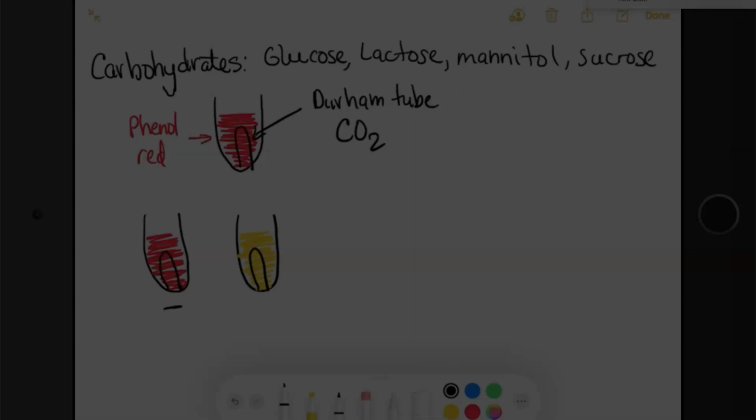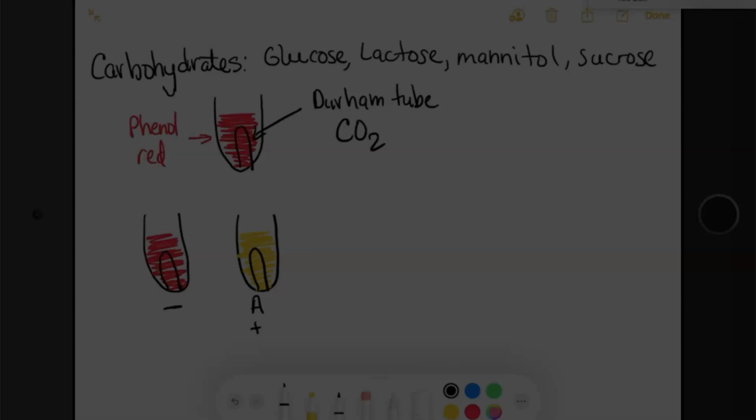Well, why has this media turned acidic? Some of the byproducts of fermentation, when the bacteria ferments these sugars, is an acidic environment. Therefore, we document this as A for acid or acidic, meaning that it is a positive reaction. This microorganism fermented the sugar.